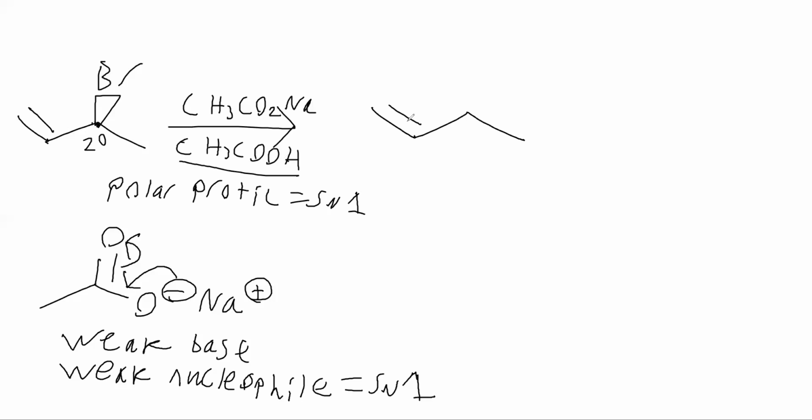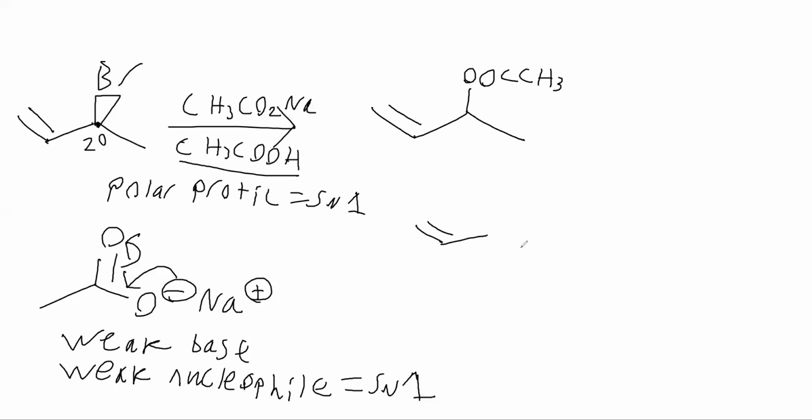And because it's SN1, we're going to lose the stereochemistry. It's still a chiral center. We just don't know the stereochemistry anymore. And the oxygen here with the negative charge is what's going to attach. So it's going to look a little funky, but that's a way of kind of condensing it.